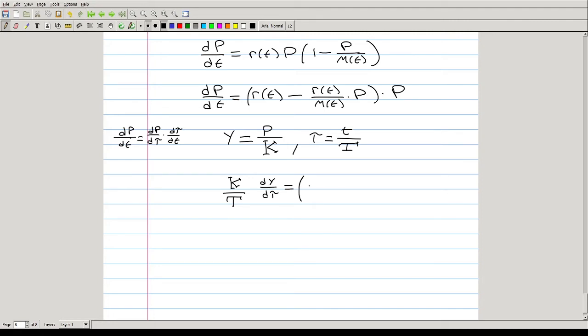is equal to r of t, which is r of tau times T, minus r of t, which is r of tau times T over m of tau times T, times p, which is K times y, times all of this times p again, which is K times y.